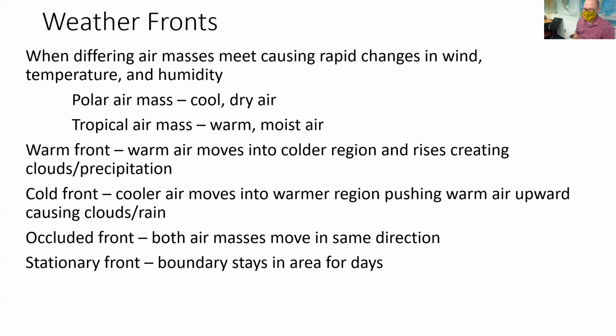Conversely, a cold front is where cooler air moves into a warmer region, pushing that region's air upward and condensing the water vapor out of the air, causing clouds and rain.